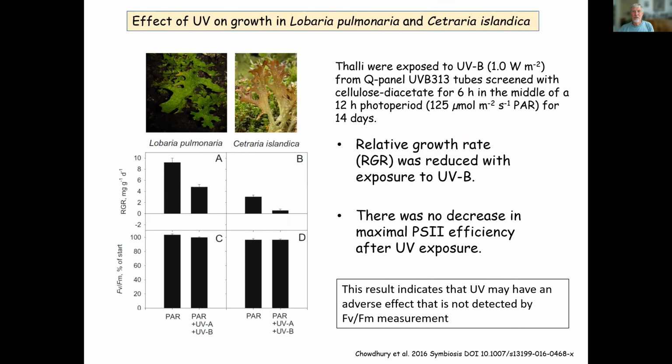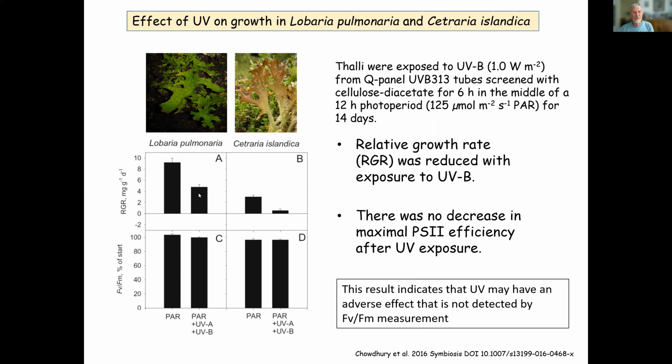In an experiment with Lobaria pulmonaria and Cetraria islandica, we exposed these lichens to UVB 6 hours a day for 14 days. As in several experiments before, there was no effect of UV on photosystem 2 efficiency, whereas growth was reduced.